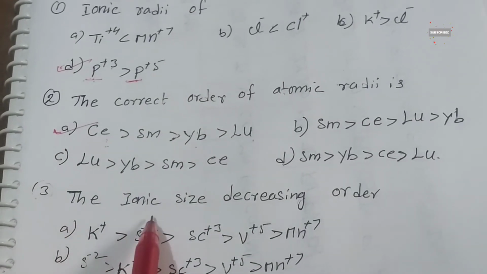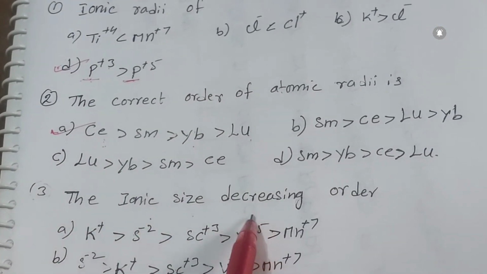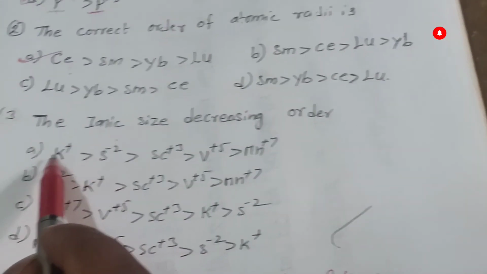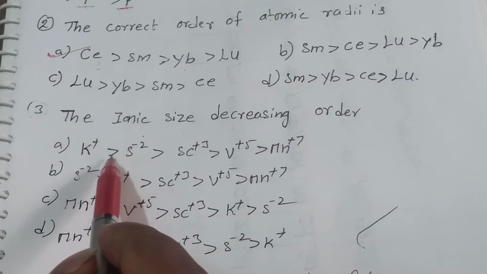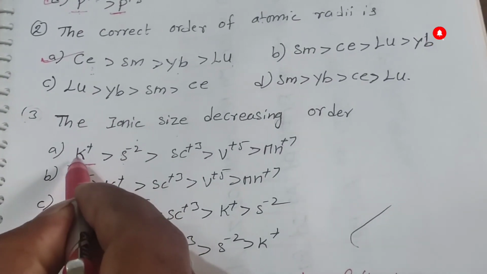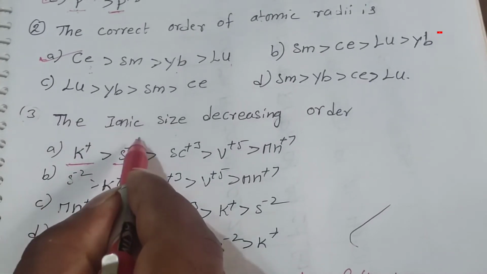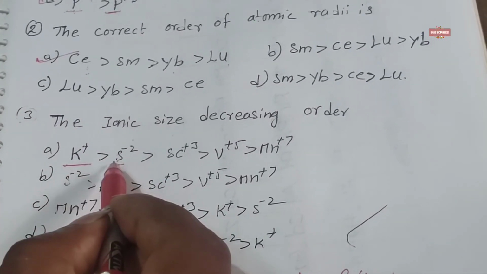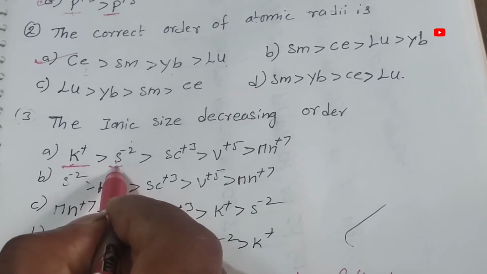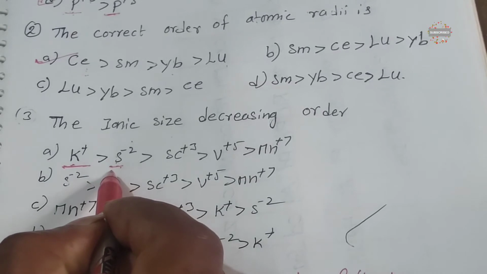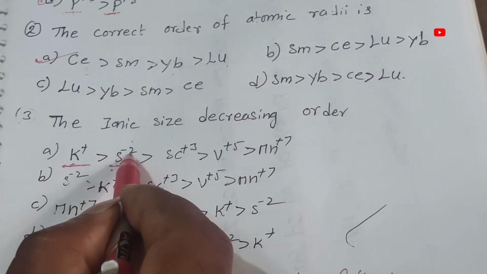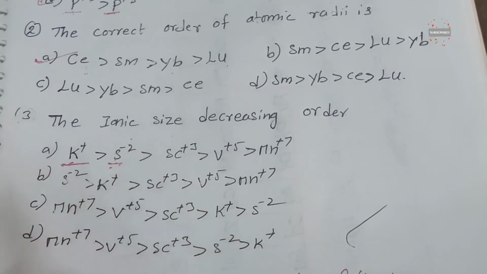And the ionic size decreasing order: K+ greater than S2-. Potassium has 18 electrons, and sulfur also has 18 electrons. For two different species with the same number of electrons, compared to the positive charge, the negative charged particle has the biggest size due to the decreased nuclear charge.